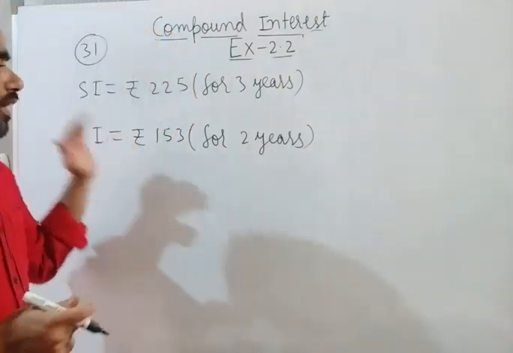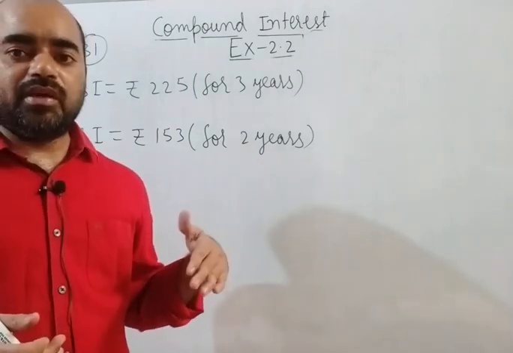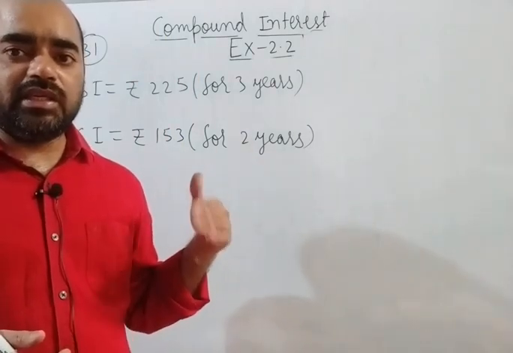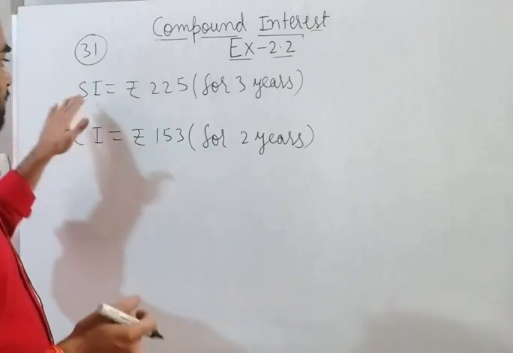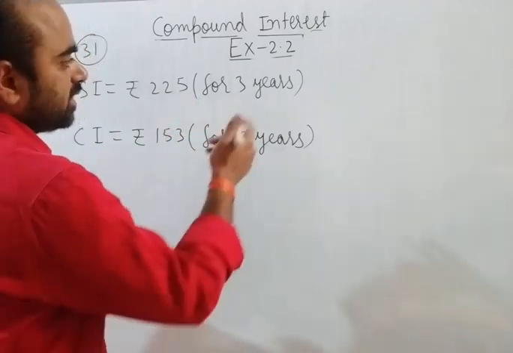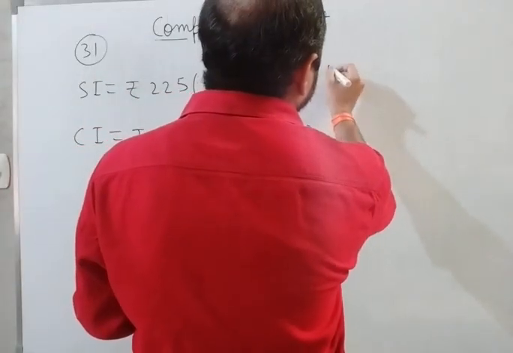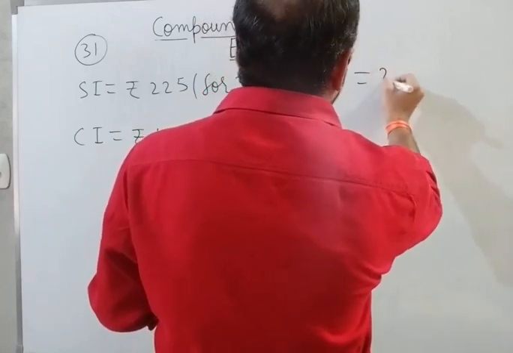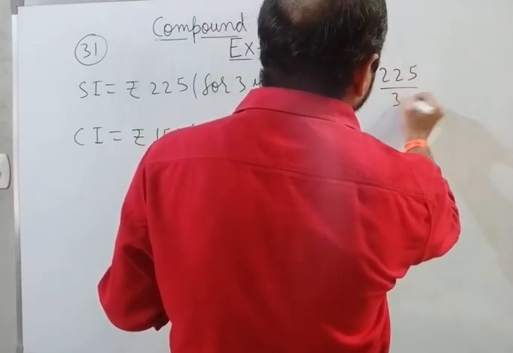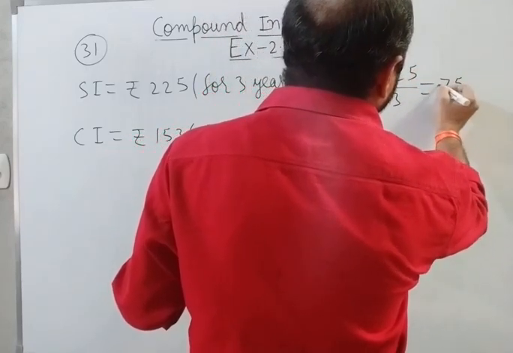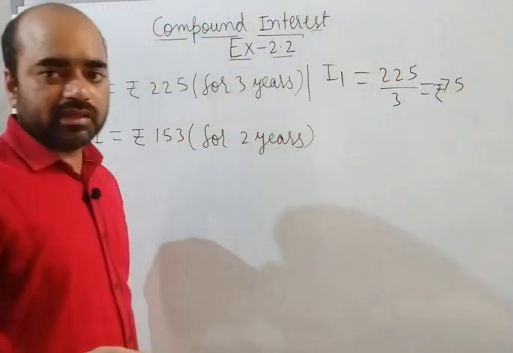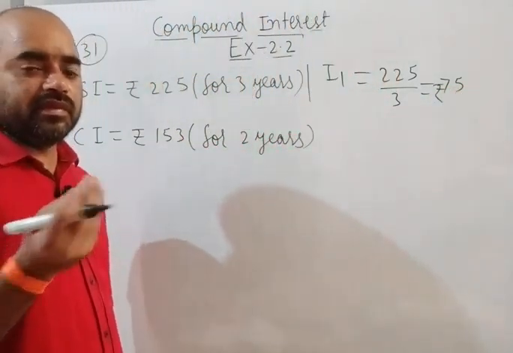We know that when we are calculating simple interest, the interest for each year is the same. This is for 3 years. So what is the simple interest for 1 year? 225 by 3, that is 75, correct? This is the interest for the first year.